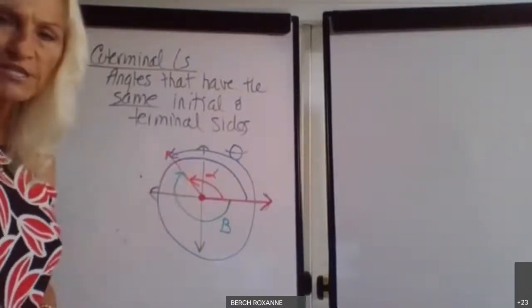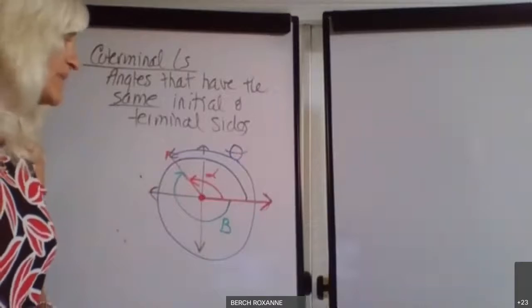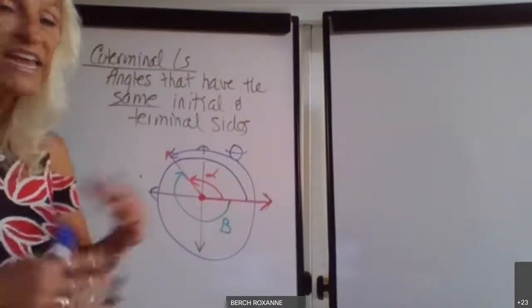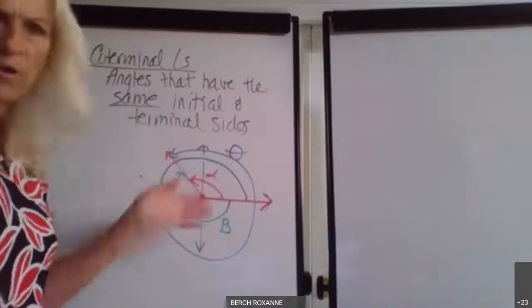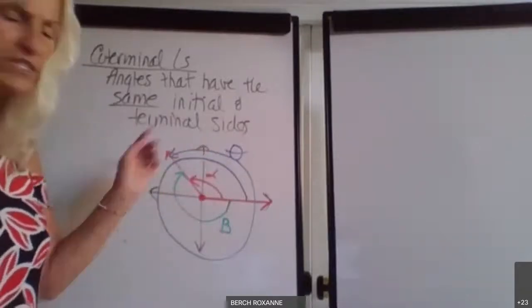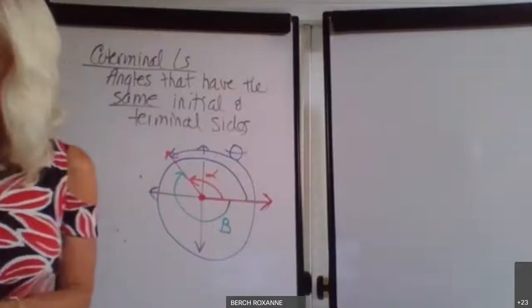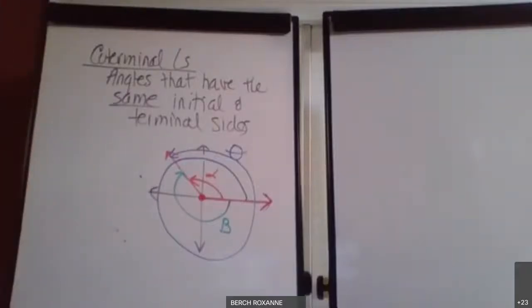This is coterminal also. Why? Because it has the same initial and terminal sides. And there are infinite ones. I can just keep going on and on, rotating and rotating. So there are infinite coterminal angles.